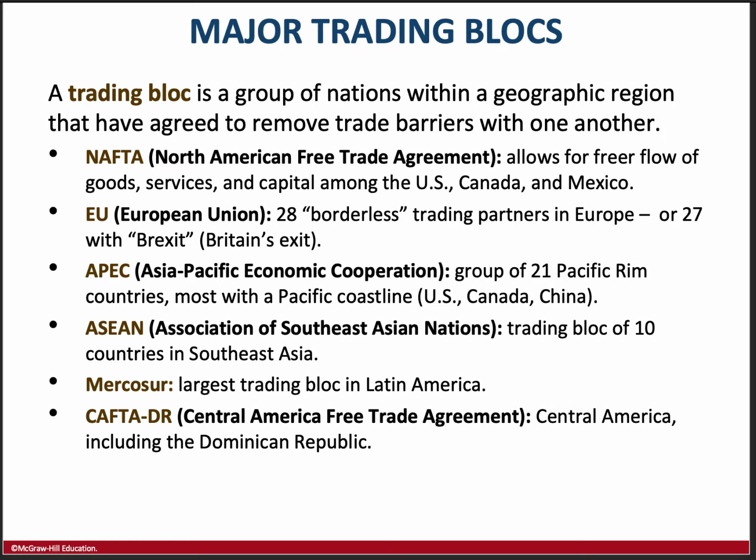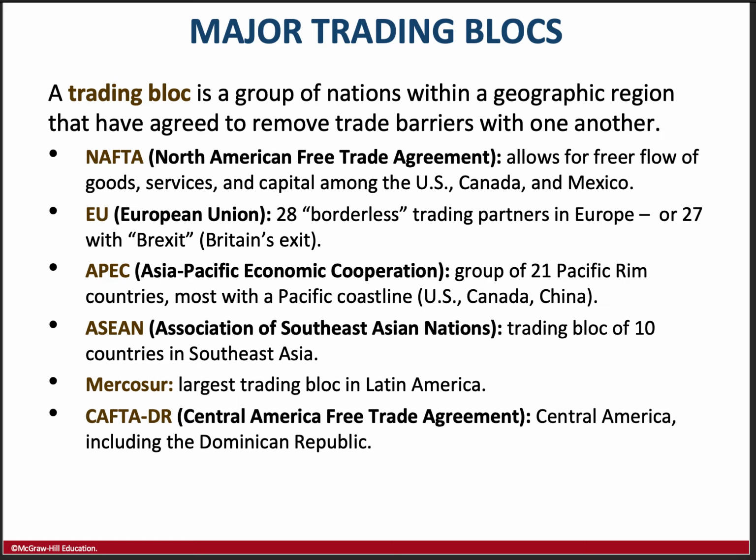And then APEC is the Asian Pacific Economic Co-op, and that is 21 of the Pacific Rim countries, most of the countries that have that Pacific coastline, along the U.S., Canada, China, like that along that Pacific line right there. And then you have the Association of Southeast Asian Nations. That's 10 of the Southeast Asian countries, which of course would include India.